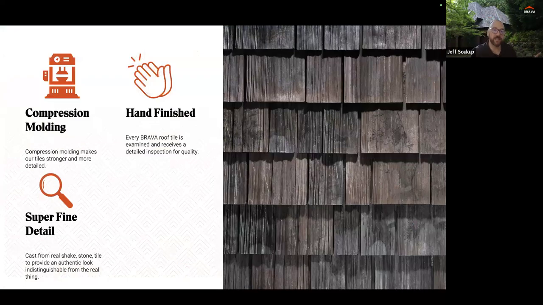What makes Brava different from other manufacturers in the synthetic roofing category is that we are one of the only compression molded manufacturers. We do this because it allows us to increase our detail and to create color variegation. So we sandcast true examples of the material: cedar shakes, slate, Spanish barrel tiles.